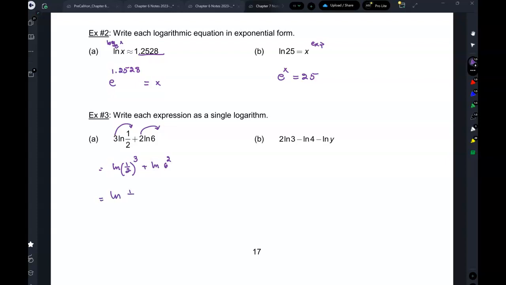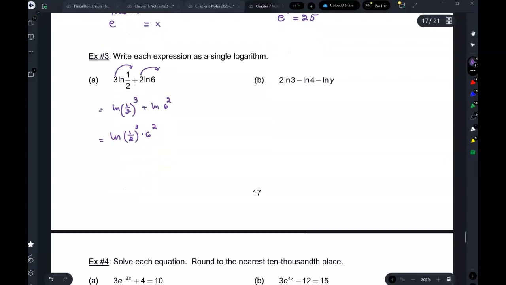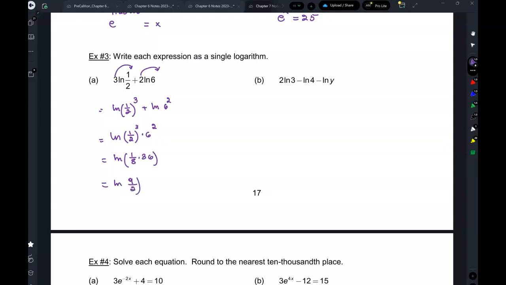The first one is positive, so it'll be a numerator. And then the 6 squared, is that going to be multiplied or divided by this? Multiply. So this is going to be ln of 1/8 times 36, ln of 9/2.